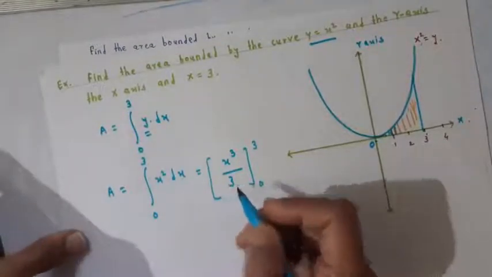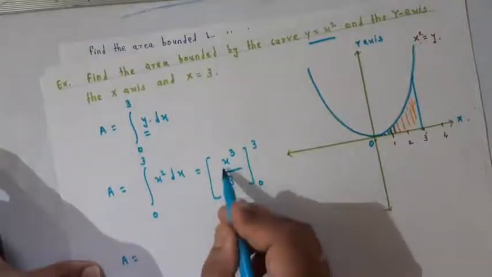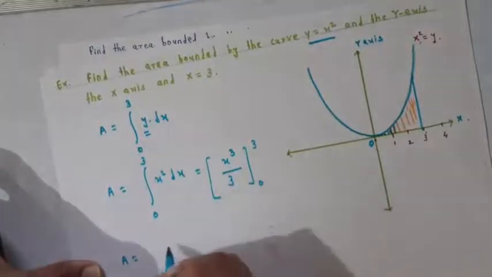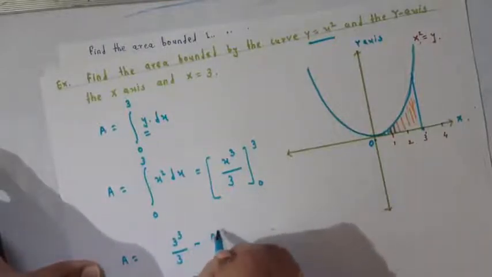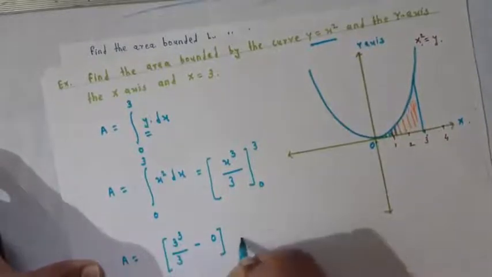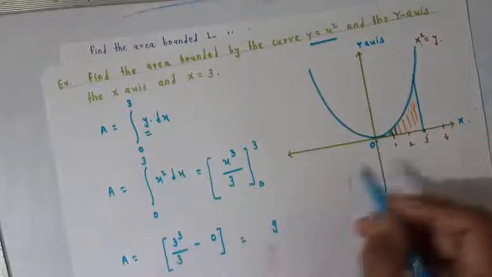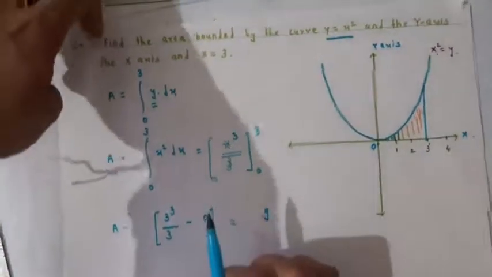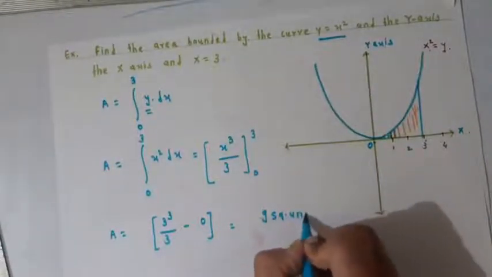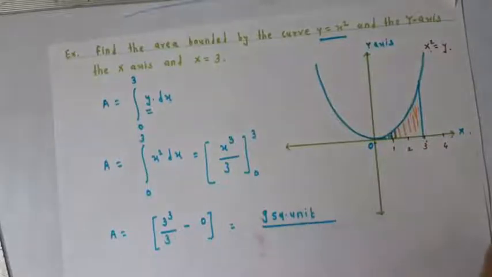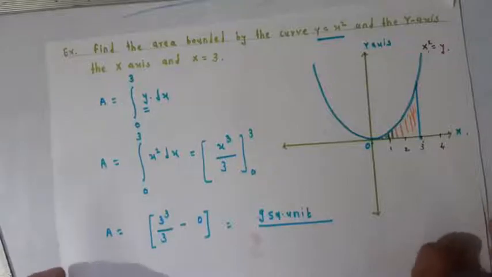Therefore the area equals, putting x equal to 3, 3 raised to 3 upon 3 minus 0, which is equal to 9 minus 0, that is 9 square units. This is the required area. In this way, by using very simple methods, we have to find the area.